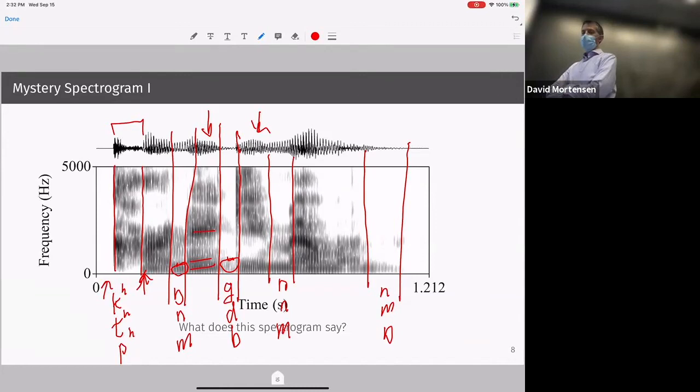Is this a relatively high vowel or a relatively low vowel? And how would we tell? What is the rule that we learned? What formant tells you about vowel height? F1, right? If F1 is high, then the vowel is low. Do you think F1 is high here?